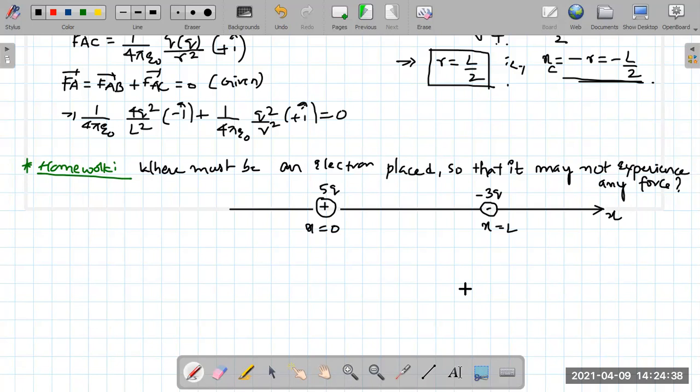Got the point? So this time they want to place another electron, and that electron must not experience any force.